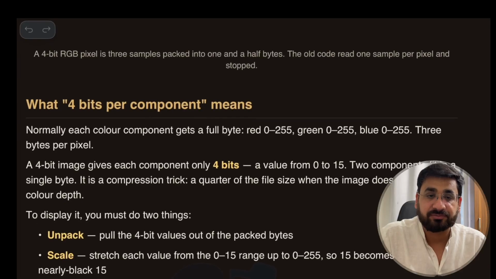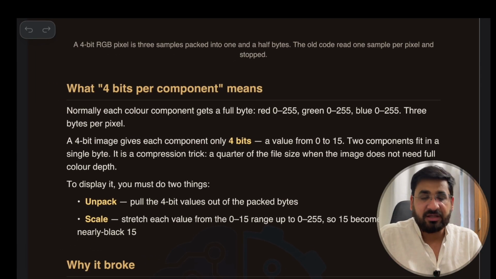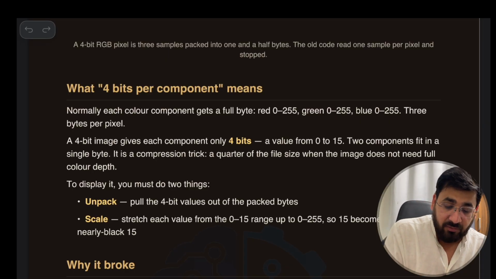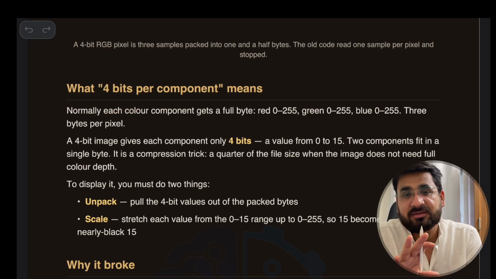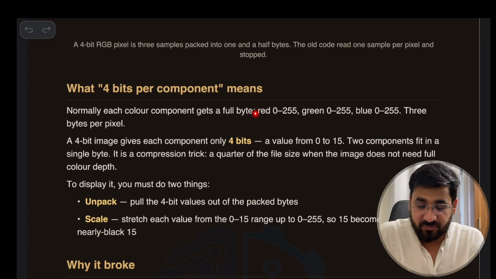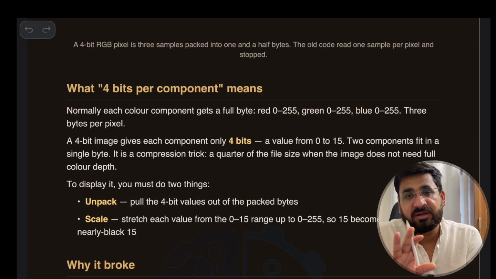This is the issue. Let's dig deep into that. What is the problem? See, 4 bits per component, what does it mean? Normally each color component gets 0 to 255. Okay, for all of RGB, for red, green and blue, 3 bytes per pixel.